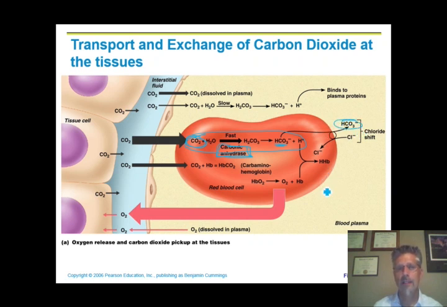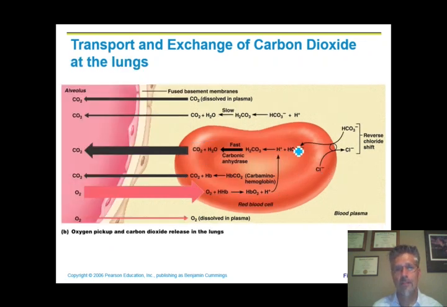And then when we get out to the respiratory system, up to the pulmonary capillaries, we're going to see that floating bicarbonate ion go into the red blood cells. Carbonic anhydrase is going to work the other way, producing carbon dioxide that we can then exhale into, if you will, the alveoli and get rid of.